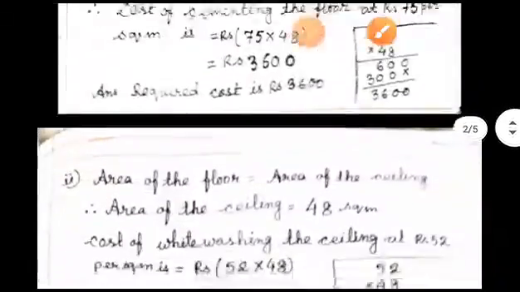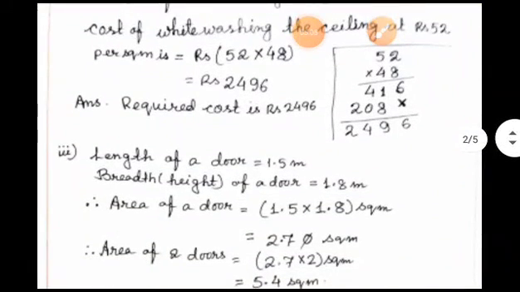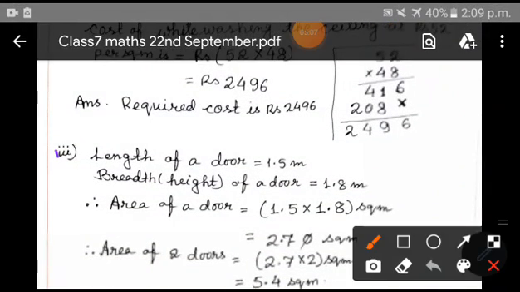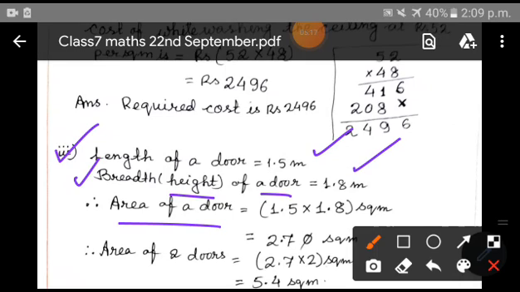So here, using the dimensions of doors and windows, you are going to write the length of the door is equals to 1.5 meter. The breadth, or that is the height of the door, is 1.8 meter. Next, you will find out the area. Since it is a rectangular shape, area will be length into breadth or length into height, which is equals to 2.7 square meter.